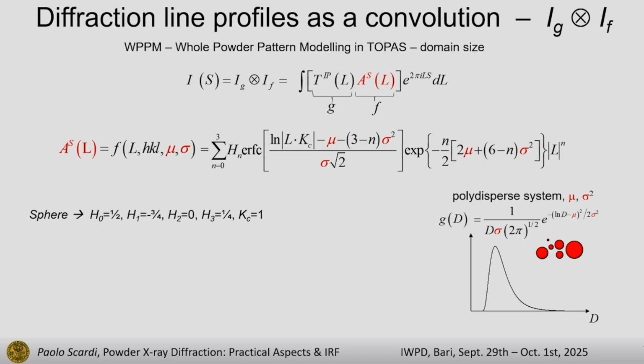So with Topas now, we don't refine anymore the integral breadth parameter L_vol, you remember this quantity, it's a bit ill-defined. We refine two coefficients, mu and sigma. So we don't play anymore with the Lorentzian width, Gaussian width. We believe it's spheres, and we refine mean and standard deviation.